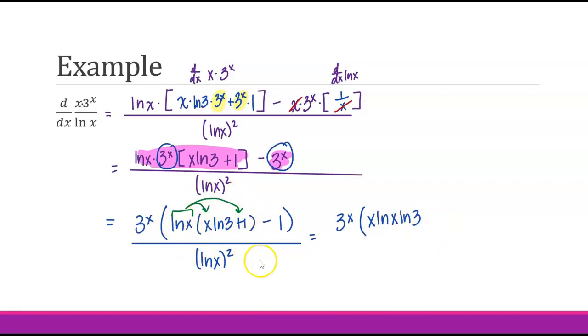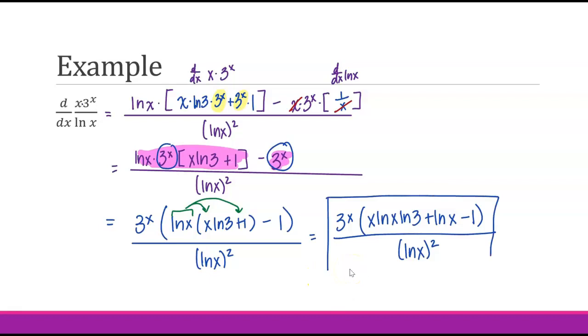Then natural log x distributes to the 1, so plus natural log x, and then minus 1, this one that was just hanging out in the back, over natural log of x squared. And that's it. There's not really anything else that I can do to this function. It's just kind of ugly.